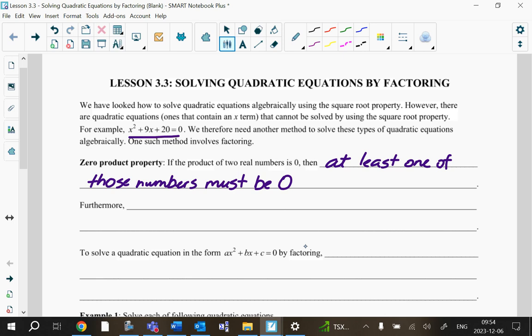Because the only way you can multiply two numbers and get an answer of 0 is if one of the numbers is 0. At least one. They could both be 0.